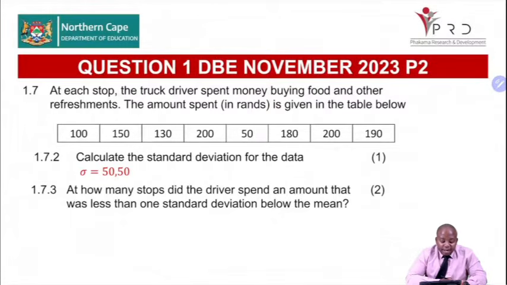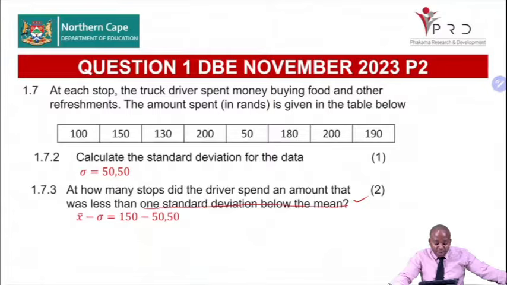1.7.3 says, at how many stops did the driver spend an amount of money which was less than 1 standard deviation below the mean? To work around this type of question, when we are dealing with the standard deviation below the mean, above the mean or within the mean, we must find our limit.